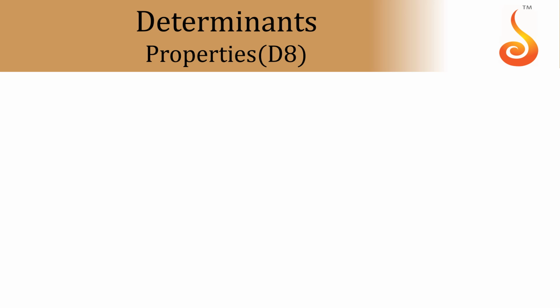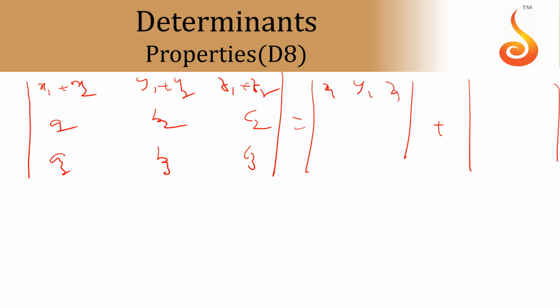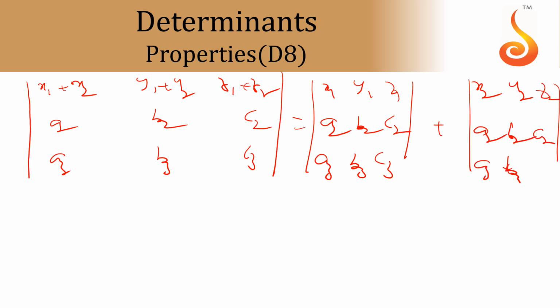Property number 8, a very important property. Suppose you have a determinant in which one row is a sum of two elements, x1 plus x2, y1 plus y2, z1 plus z2, then A2, B2, C2, A3, B3, C3. This determinant can be split into a sum of two determinants: x1, y1, z1, A2, B2, C2, A3, B3, C3, plus x2, y2, z2, A2, B2, C2, A3, B3, C3.